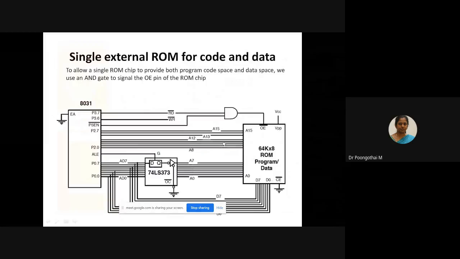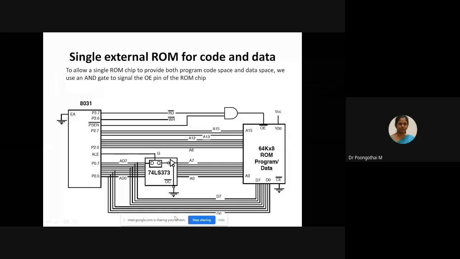So this is the overall structure for interfacing a single external ROM with the 8031 microcontroller. To access both program code space and data space, we have to use an AND gate in this interfacing diagram for combining your read bar signal along with your program store enable.